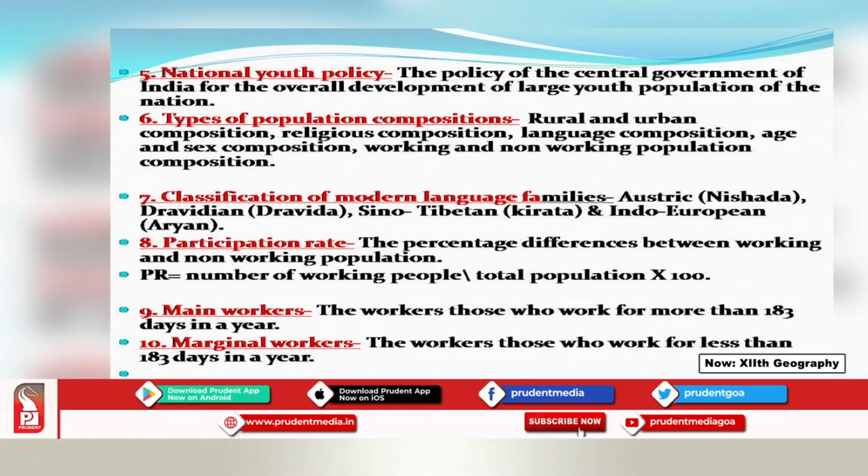Participation rate, the percentage difference between working and non-working population in a particular area. It is calculated by participation rate is equal to number of working people divided by total population multiplied by 100.